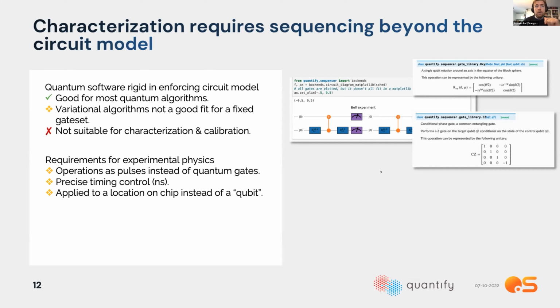In fact, for most experimental physics, we're actually talking about pulses or the signals we apply to our device. And we need really precise timing control. Typically at the nanosecond resolution is kind of what we're thinking in the circuit QED community.